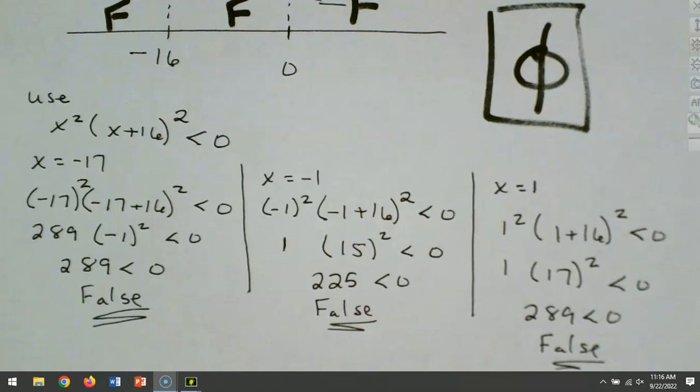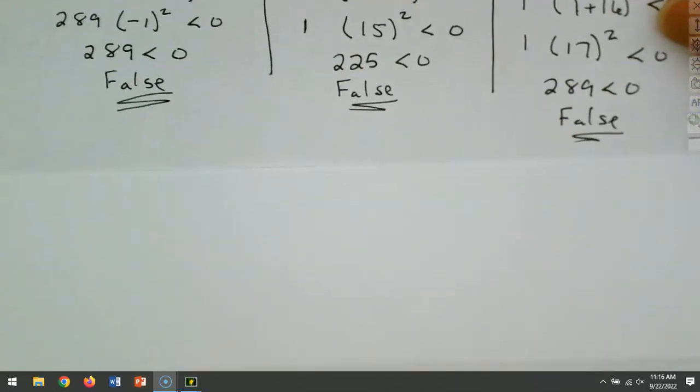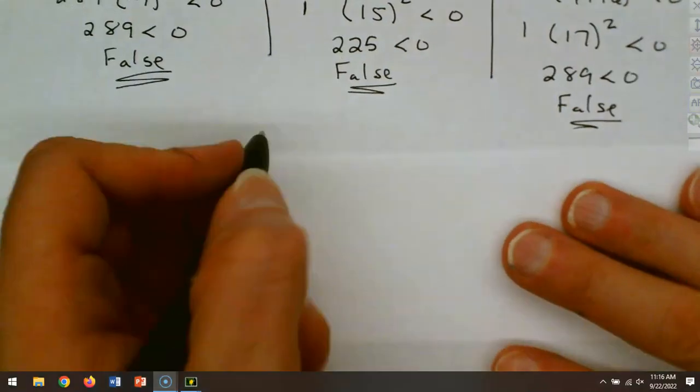So let's now go ahead and finish up this section. And the last part of this section of 1.7 is rational inequalities.